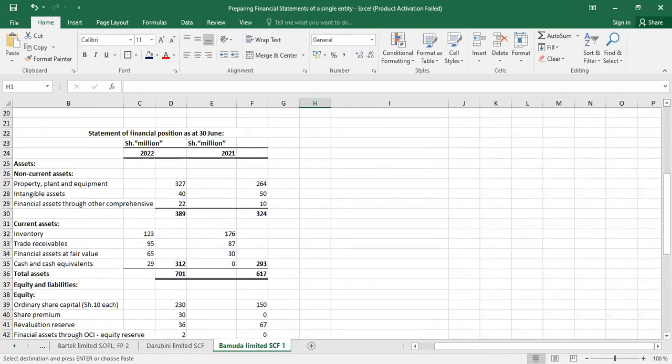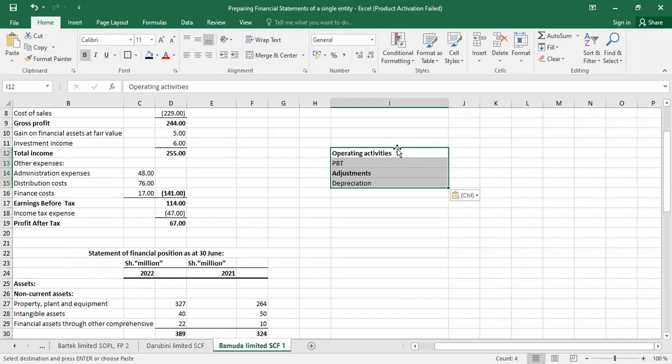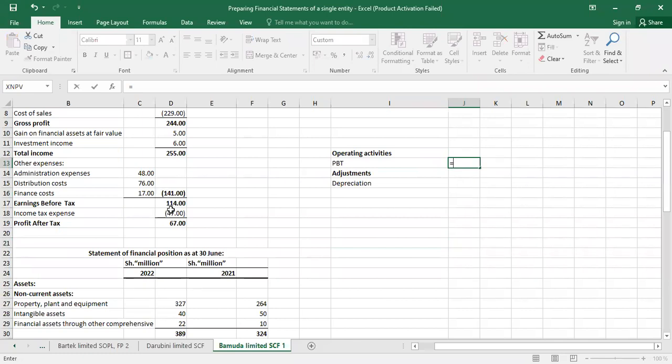Maybe I can put anywhere, just anywhere you want. So I'll put them here, Control V, isn't it? Profit before tax, earnings before tax, isn't it? Equal this one here, isn't it? We go to depreciation, you are told it was 43.